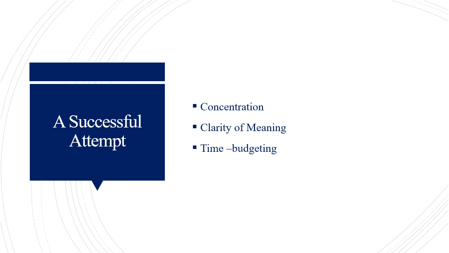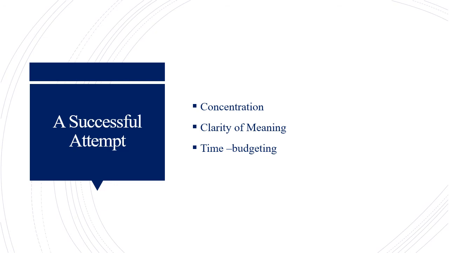And now, while concentrating and getting the clarity of meaning, we have to be extra careful about time budgeting, because in the question paper you have a fixed time, so you have to answer the questions based on that passage in a fixed time.